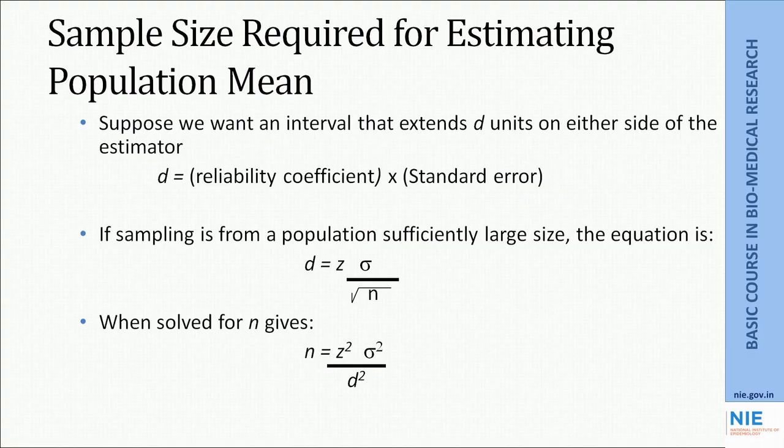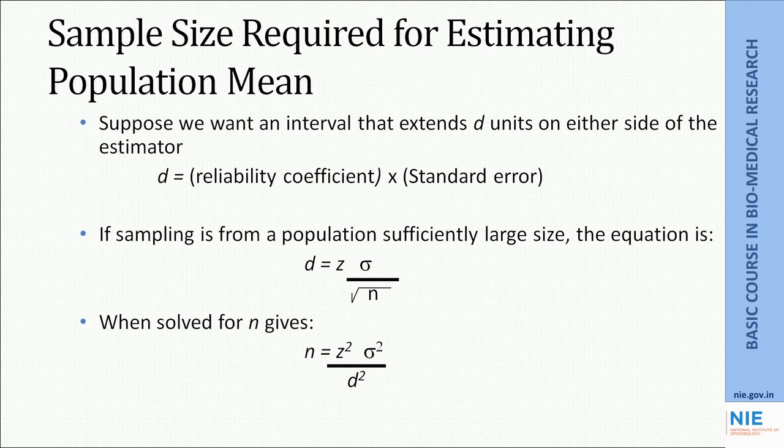Now, let us look into a scenario where you need to compute a sample size and your interest is to estimate the mean of a population. So, you have a sample, you have to compute a sample mean, and you want to estimate the population mean from your sample mean. And what should be the sample size that you need?